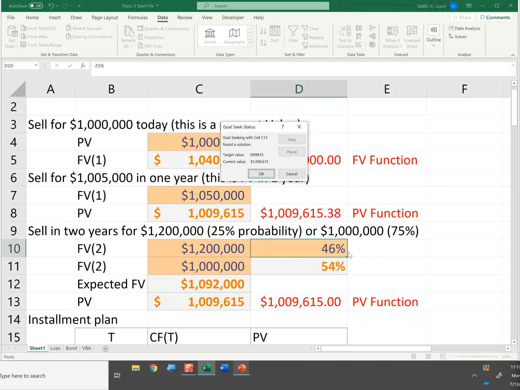That probability is 46%. So what I could say is, if I think there's more than a 46% chance of getting $1,050,000, I would wait. If there's less than a 46% chance, I would sell it 1 year from now and get that present value of $1,009,009.